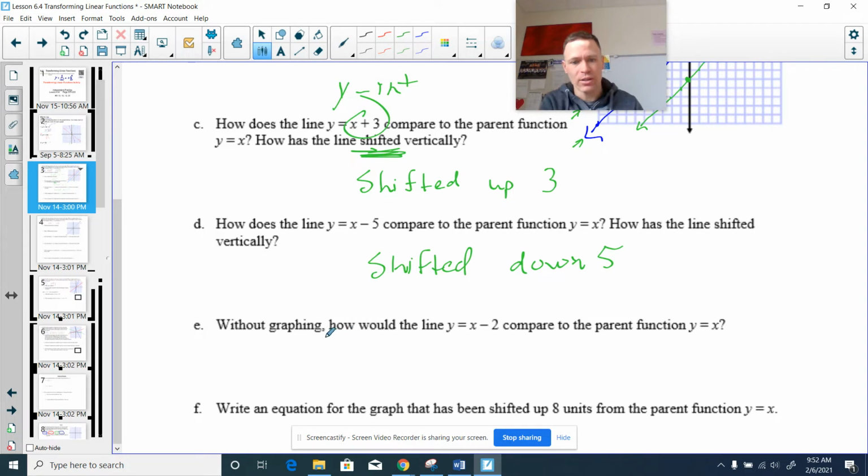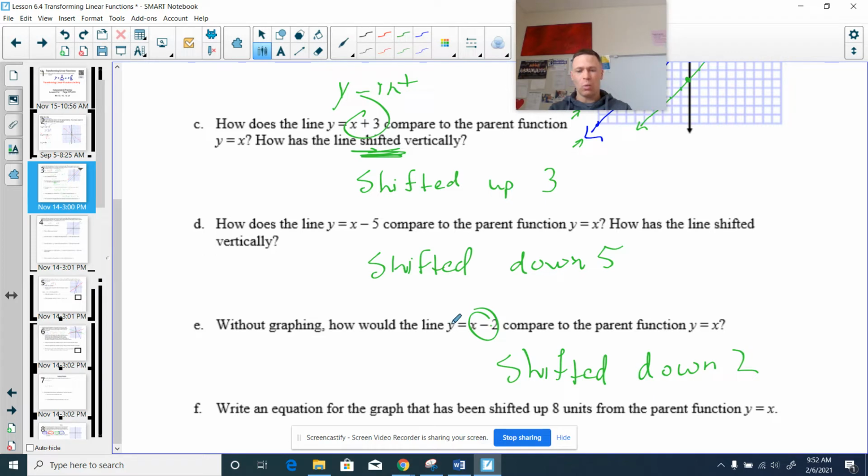Now, the next question is, using that observation without graphing, how would the line y equals x minus 2 compare to the parent function? Well, if my y-intercept is -2, and this one was -5, we said it shifted down 5. Well, this one means it'd be shifted down 2. Okay.